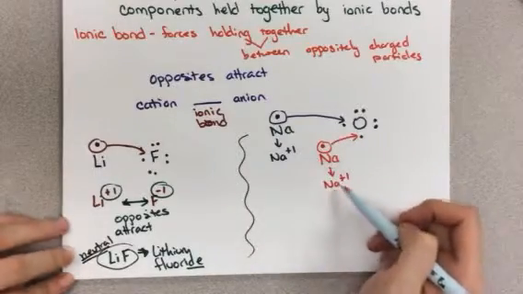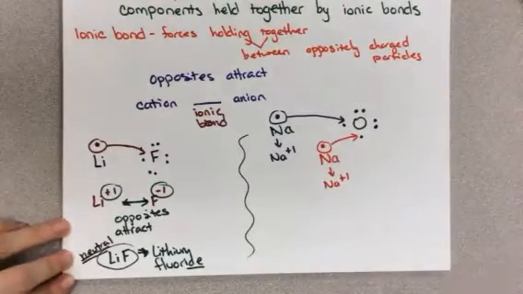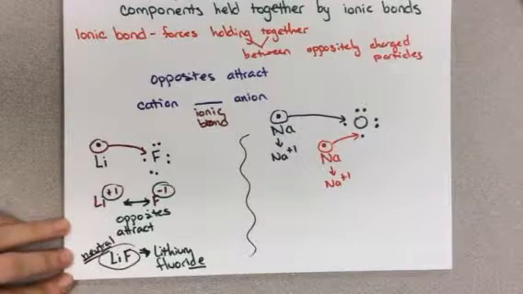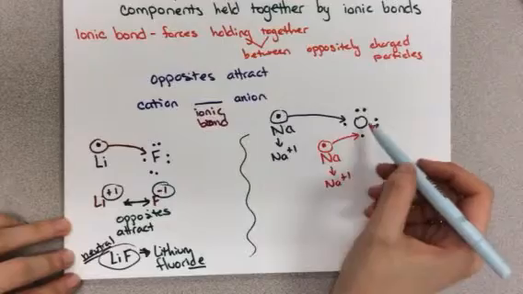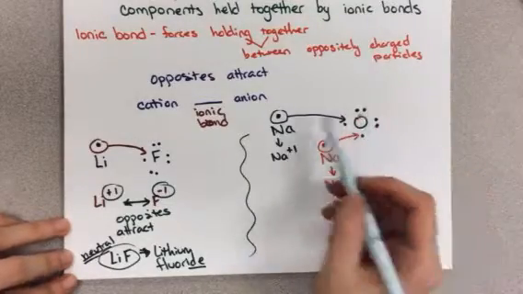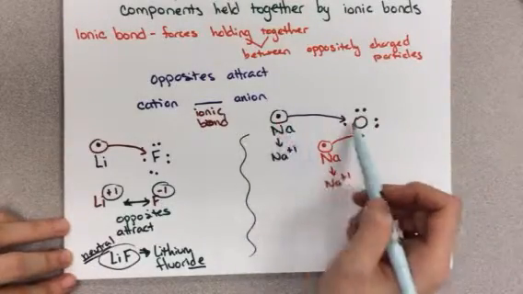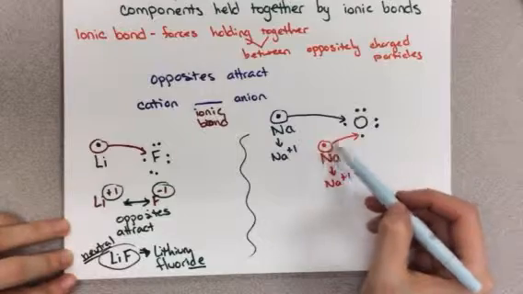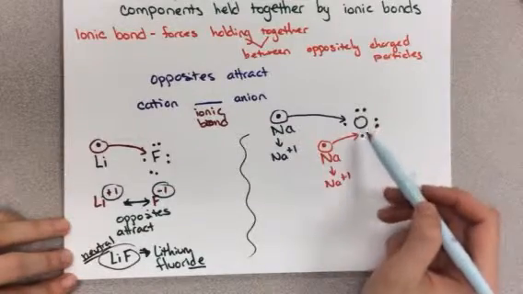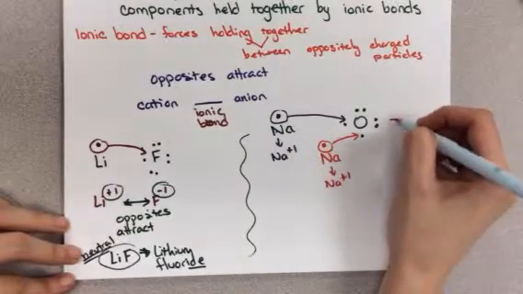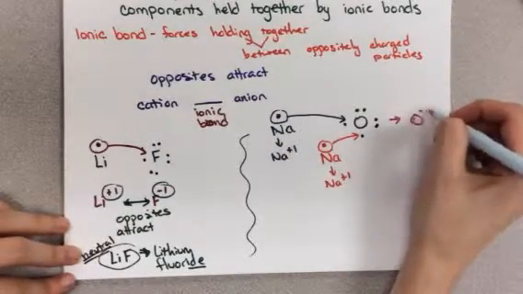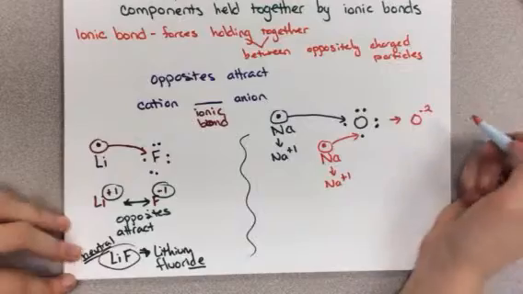And it's happy that way because it doesn't have that floating single valence electron. It doesn't really want it. Now, this oxygen is also very happy because it has an octet. It stole this electron from this sodium over here and this electron from this sodium here. So now this oxygen has 8 electrons. But in this case, that means that this oxygen has a -2 charge.